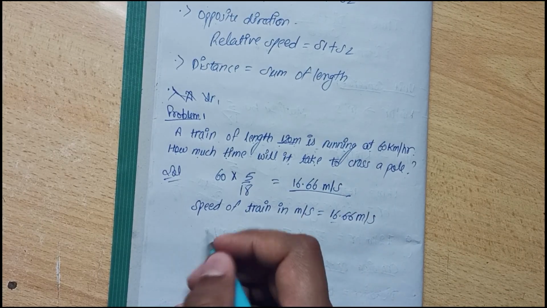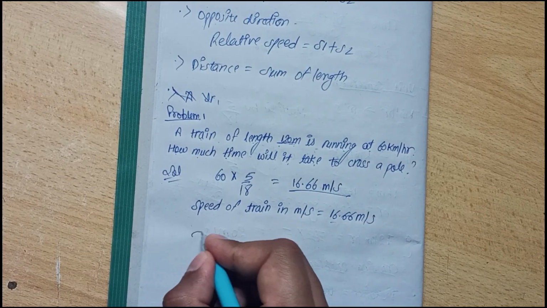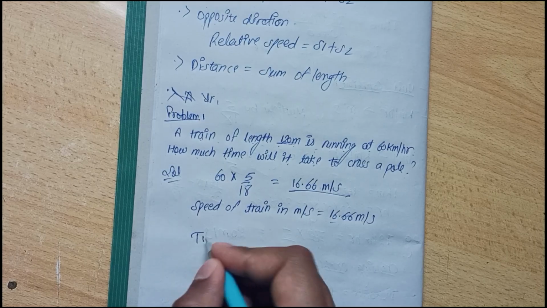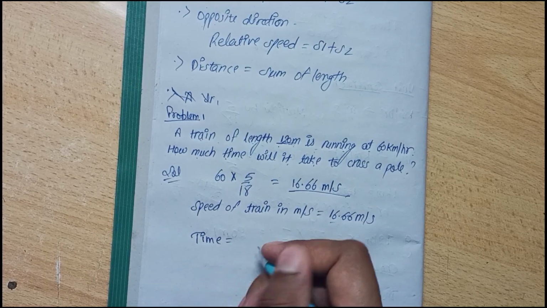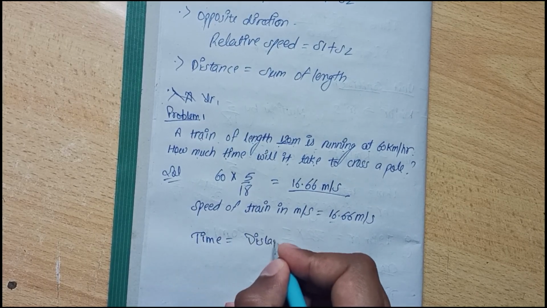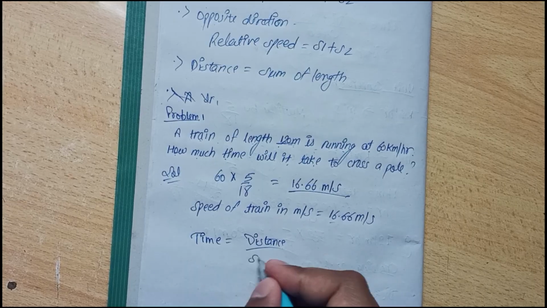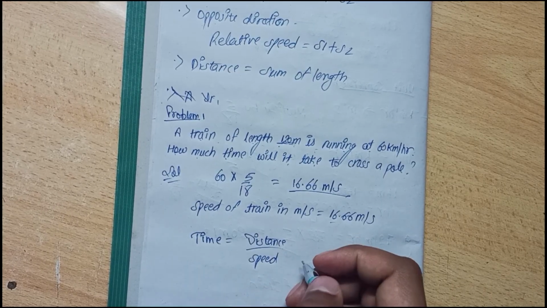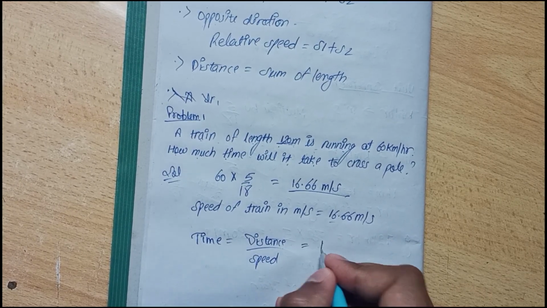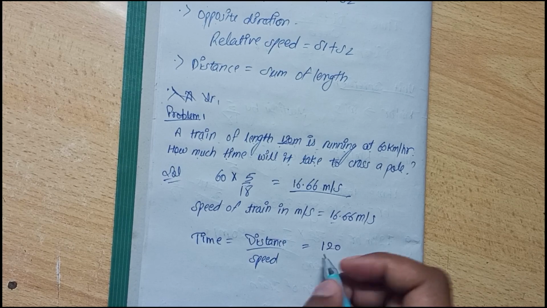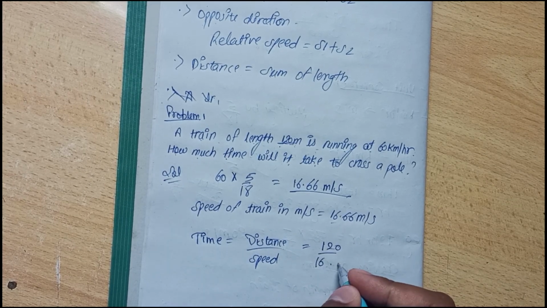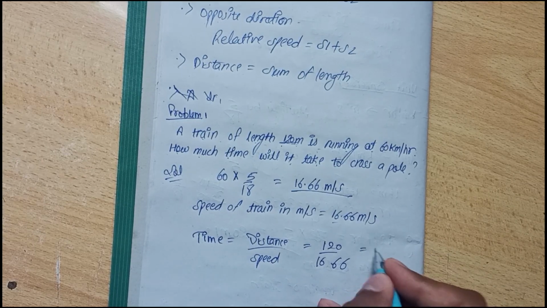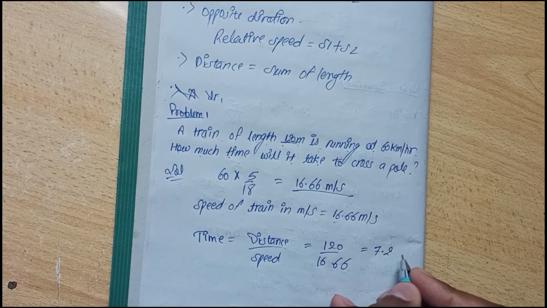Now we will calculate the time. So the time is equal to distance upon speed, which is equal to 120 divided by 16.66, which is approximately equal to 7.2 seconds.